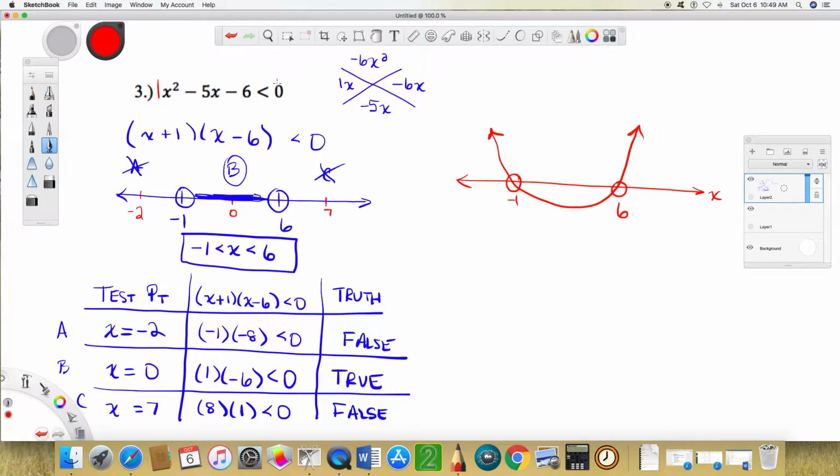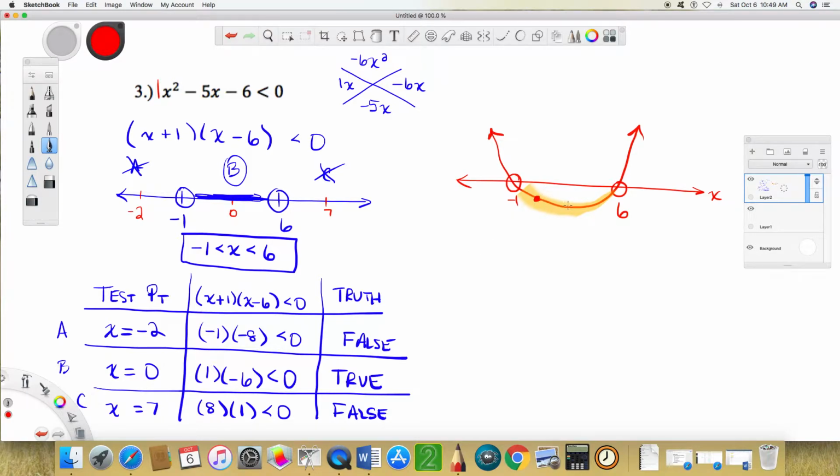Being this is strictly less than 0. Being less than 0, I'm interested in the part of the parabola that's below the x-axis. So I'm interested in this portion of the parabola, and specifically, I'm interested in the x-coordinates on that portion.